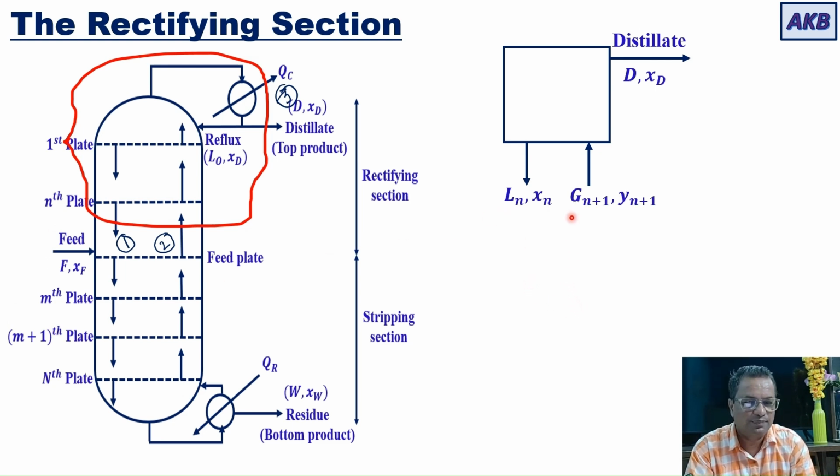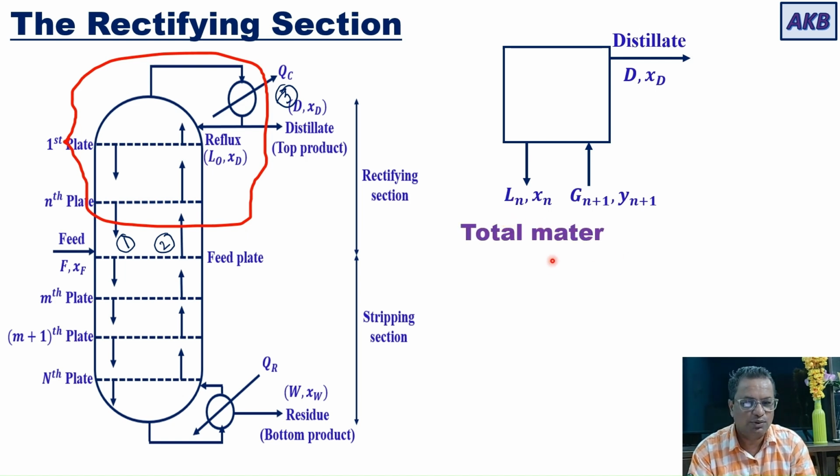So it will be Gn plus 1, since we are discussing the rectifying section. It is coming from the n plus 1 plate, so it has the flow rate Gn plus 1, and the mole fraction of A in it will be yn plus 1.